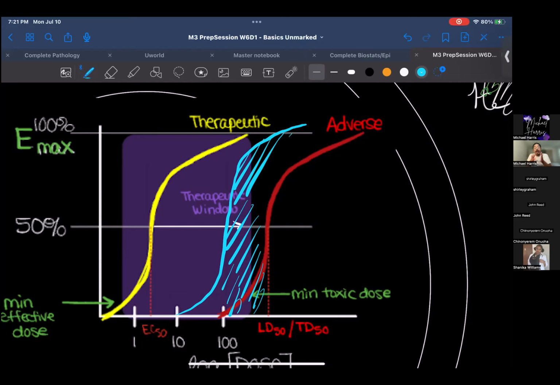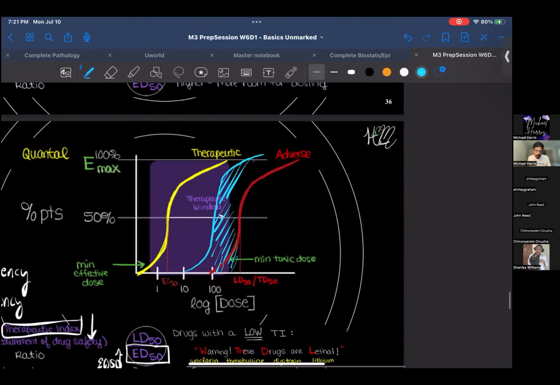This is why you want high potency drugs. Okay? High potency drugs gives you more wiggle room. Okay? Good? Any questions on that?